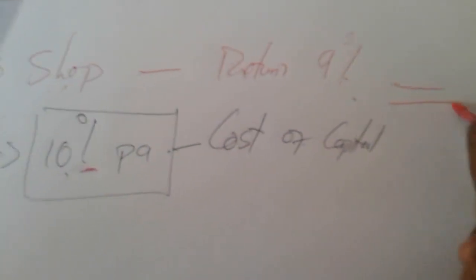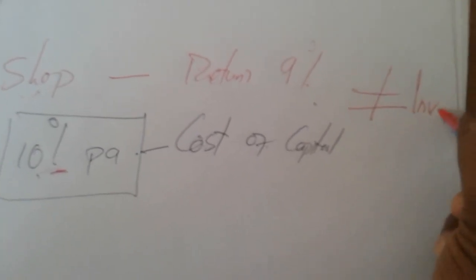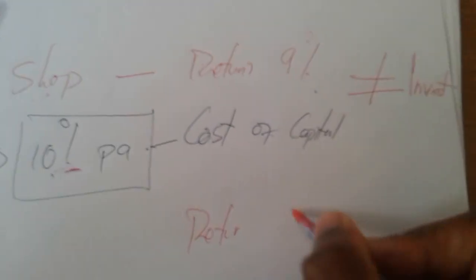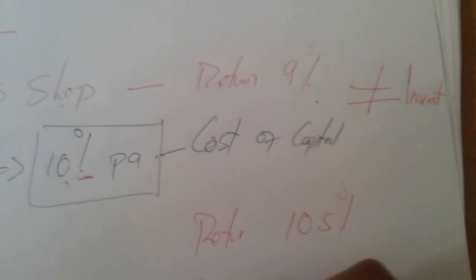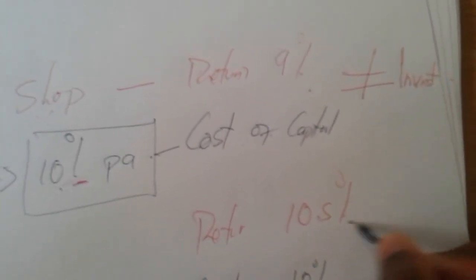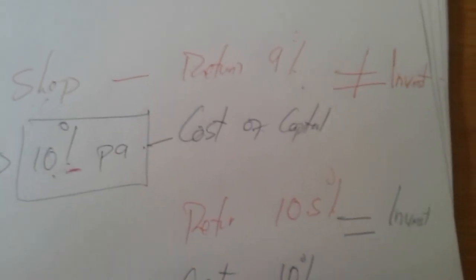So you don't invest, right? But if the return is, let's say, 10.5, and the cost of capital is 10%, obviously you must invest, because the return is more than the cost.